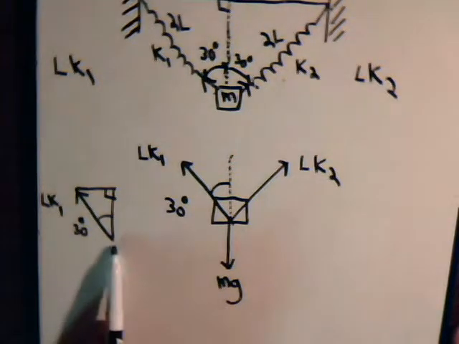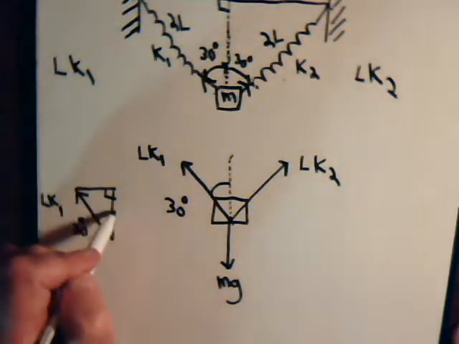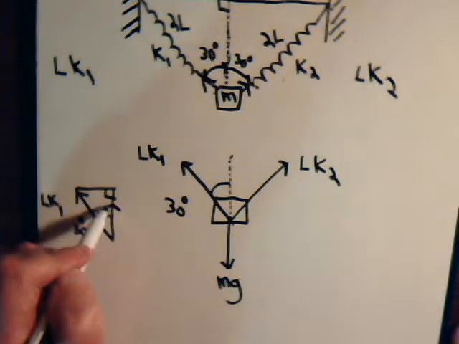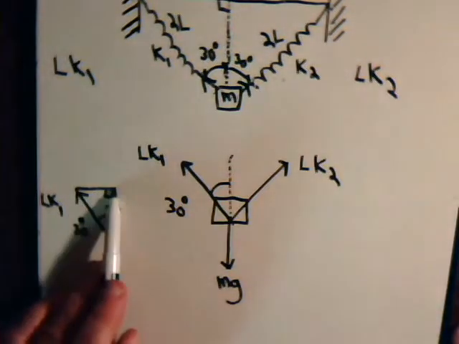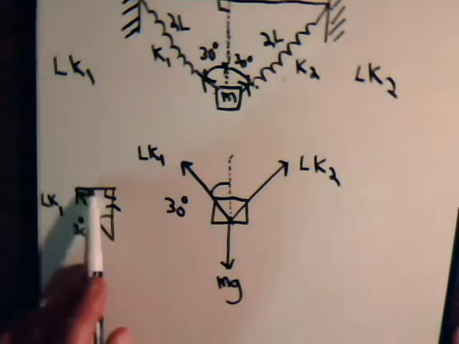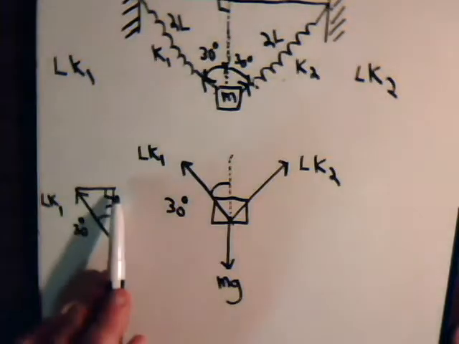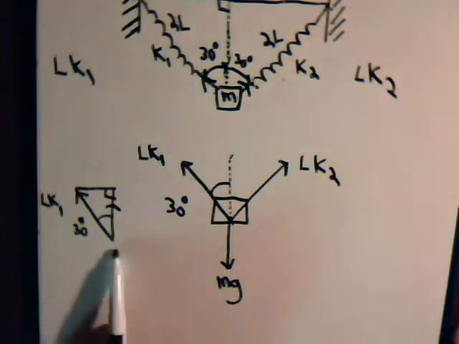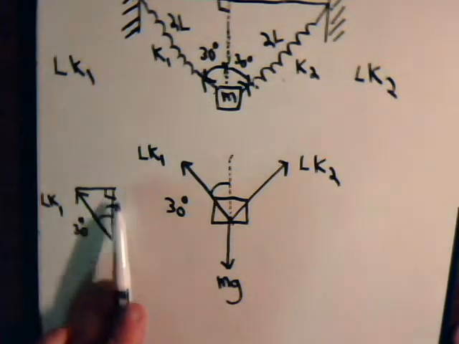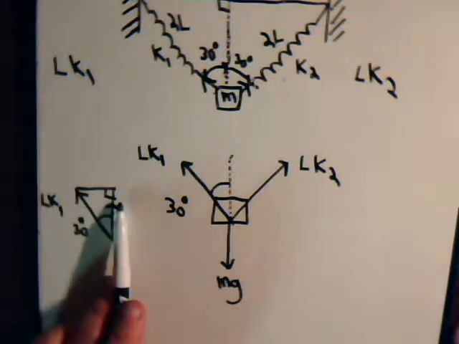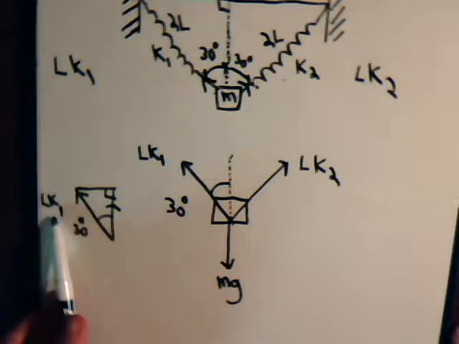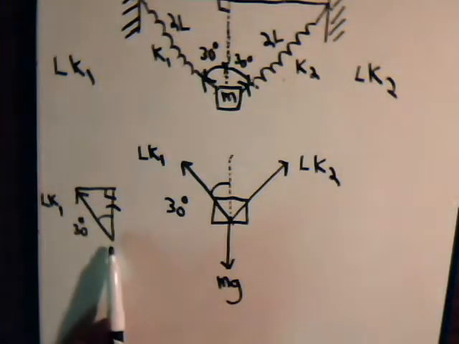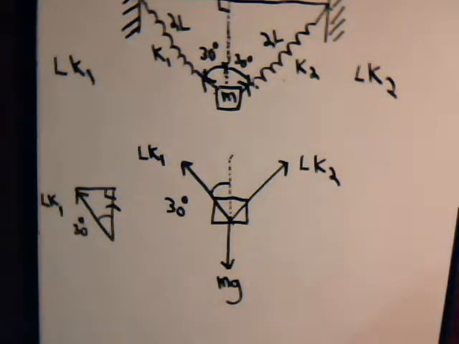So the force in this direction right here, now this is adjacent to the angle. This side here is opposite from the angle. This side is adjacent to it. So the length of this side, which would be the force going straight up, that would be equal to LK1 times the cosine of 30 degrees.